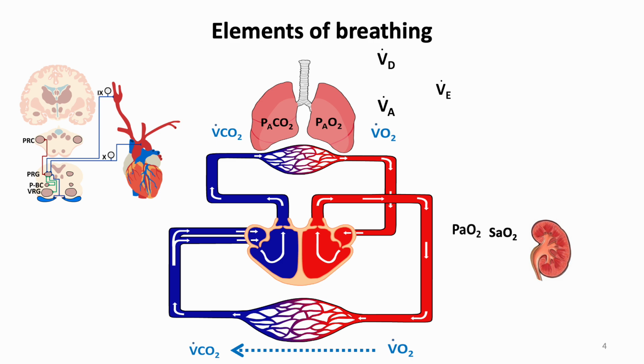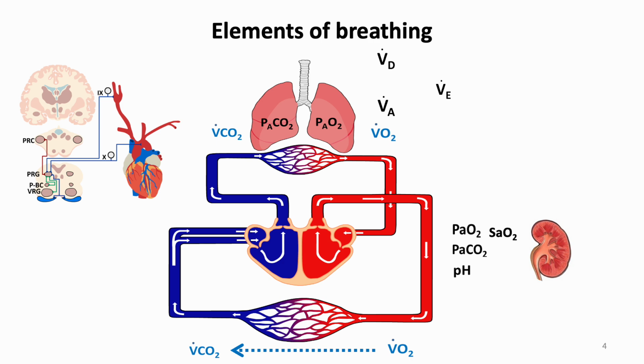And within the alveoli, this gives rise to a given alveolar carbon dioxide tension, or partial pressure of carbon dioxide. As the blood passes through the pulmonary capillary network again, this also ultimately gives rise to the partial pressure of carbon dioxide within the systemic arterial blood.